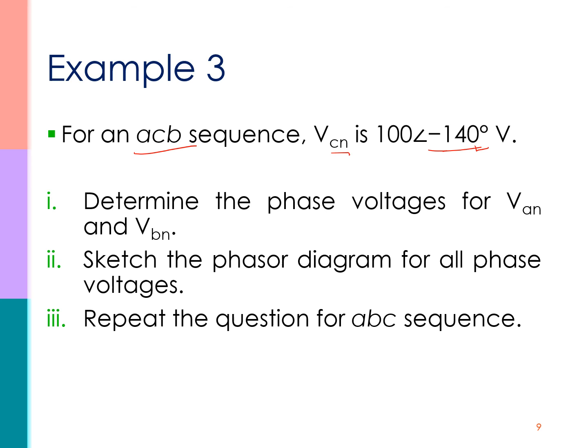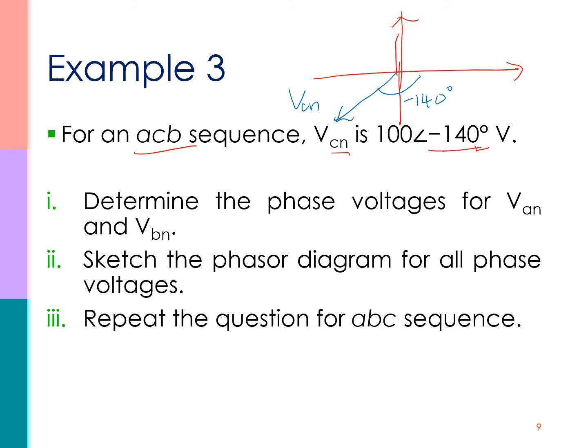Okay, so first you draw the phasor diagram. The angle for VCN is minus 140. Okay, it's located here, VCN. So this one is minus 140 degree.